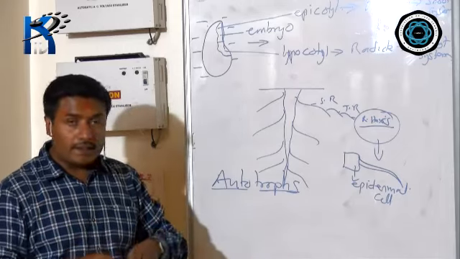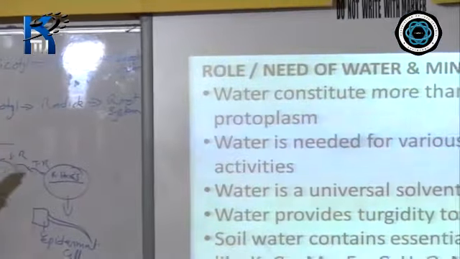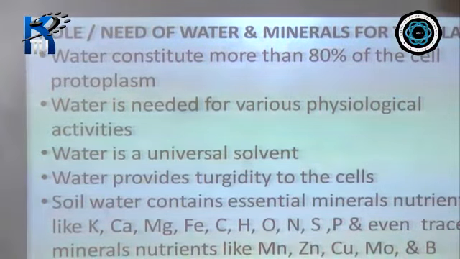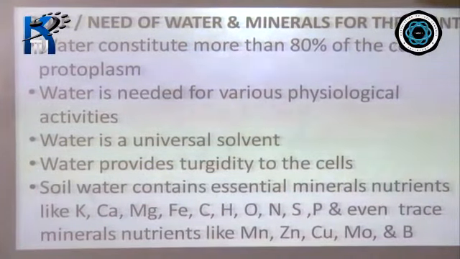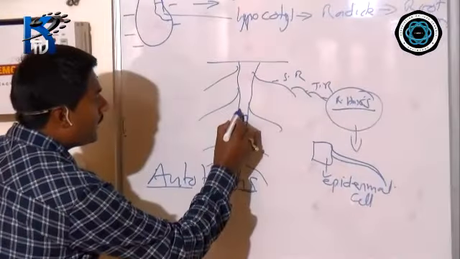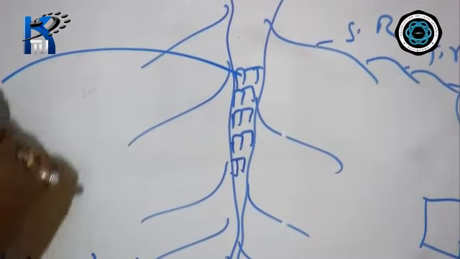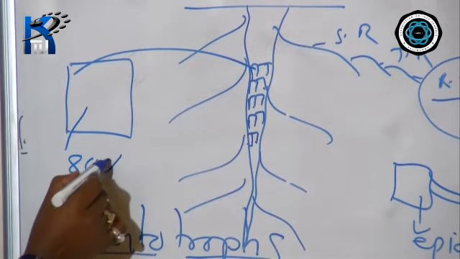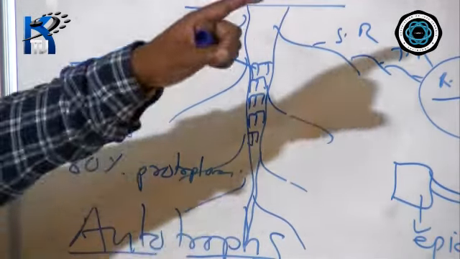First, let's see what the role and need of water and minerals is for the plant. Number 1, water constitutes more than 80% of the cell protoplasm. That means each and every part of the cell, in the root which has a number of cells, 80% of the protoplasm contains water.